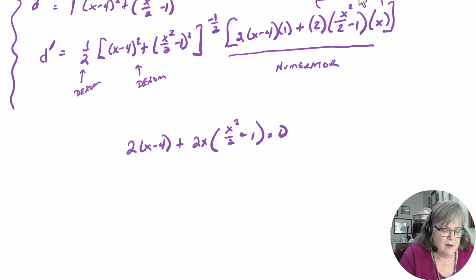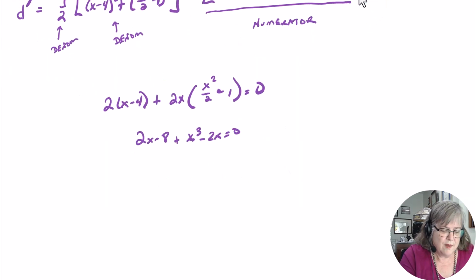You'd have 2x minus 8 plus x cubed minus 2x is equal to 0. So these cancel. So x cubed is equal to 8. So x is equal to 2.